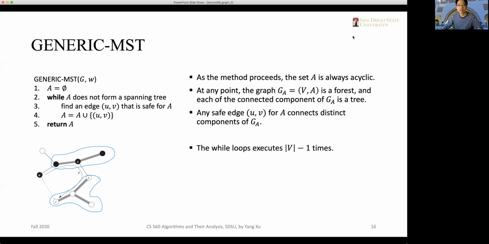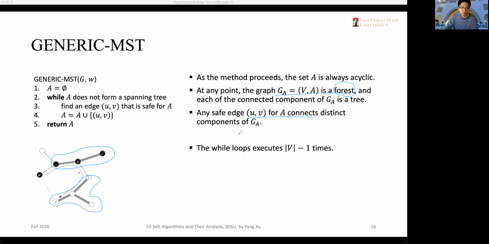You can think of that each time we add a safe edge into A, it will connect distinct components in the forest. Okay, and each time we add an edge, the number of trees in the forest can remain the same, or it can shrink by one.